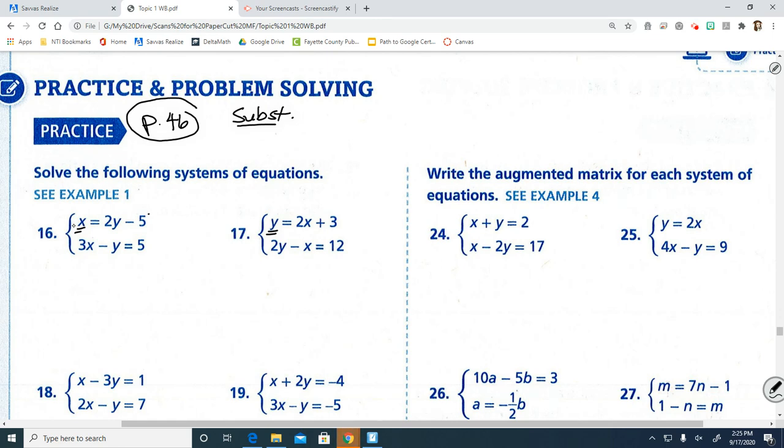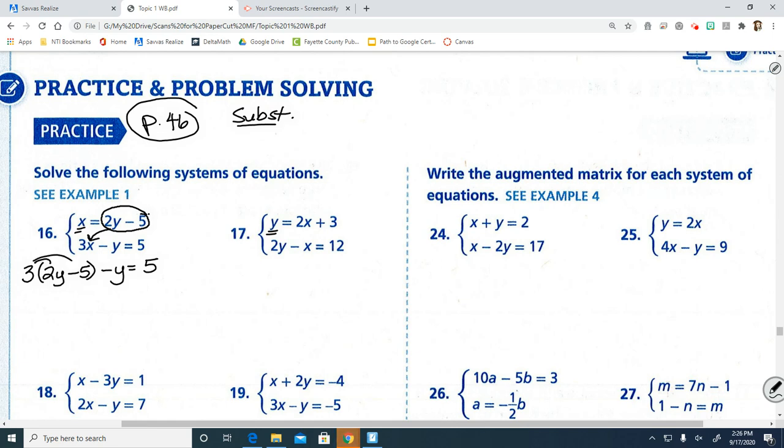On 16, x is solved for. So I'm going to take the expression for x and replace the x in the other equation. It's really important that you replace x in the other equation. So I'll have 3 times 2y minus 5, then bring everything else down. So bring down this minus y, bring down the equal sign, 5.